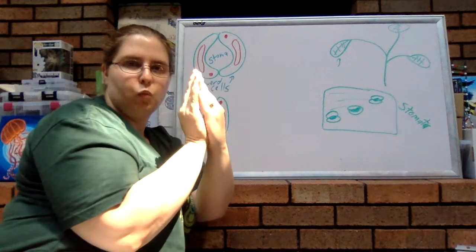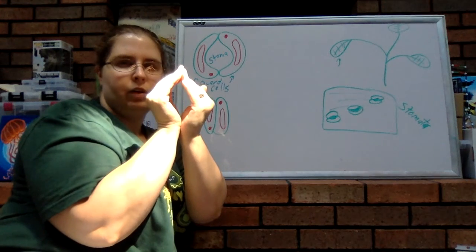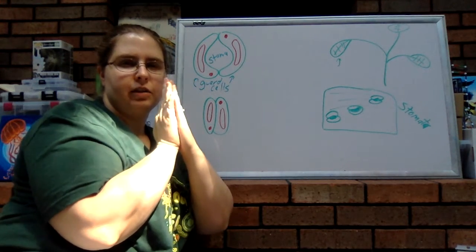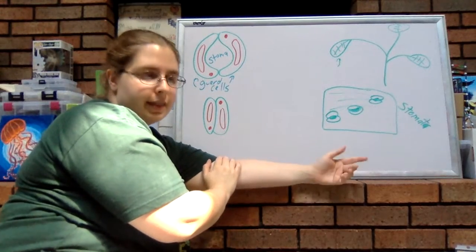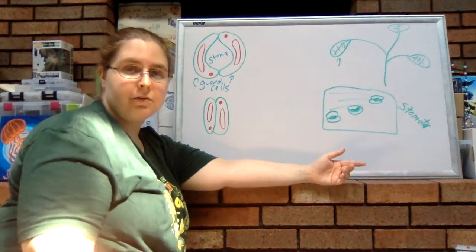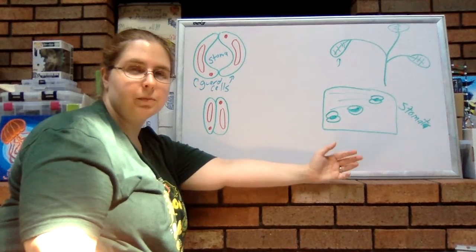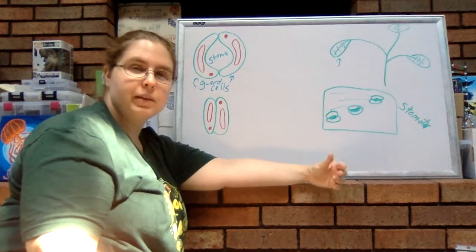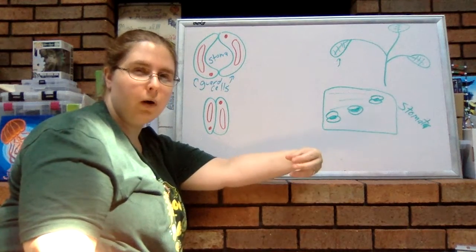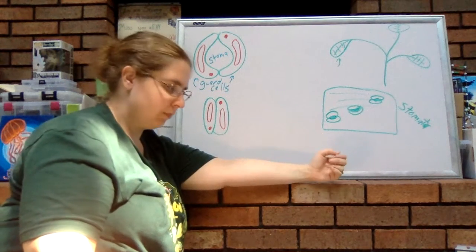So water filled the guard cells, they bulged and opened. Water leaves the guard cells, they relax, and the stoma is closed. This will prevent carbon dioxide from going in, but it also prevents the water vapor from leaving. So if it's during a drought, the plant can spend some time preserving water as opposed to losing it during the drought.